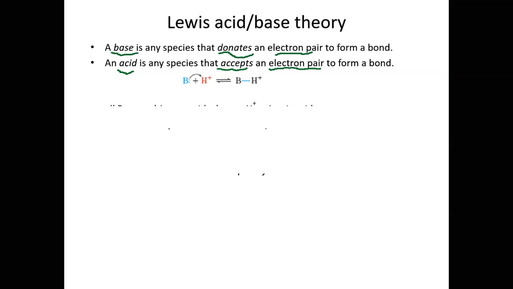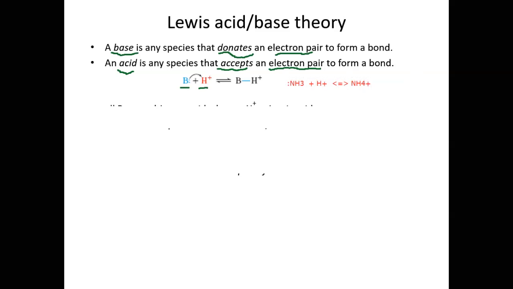And so the base donates its electron. So here H plus is a Lewis acid, and you have some Lewis base. It could be, for example, ammonia. So if we have ammonia, which is the Lewis base, plus H plus, the Lewis acid, what we get is the Lewis acid-base adduct, which is NH4 plus.